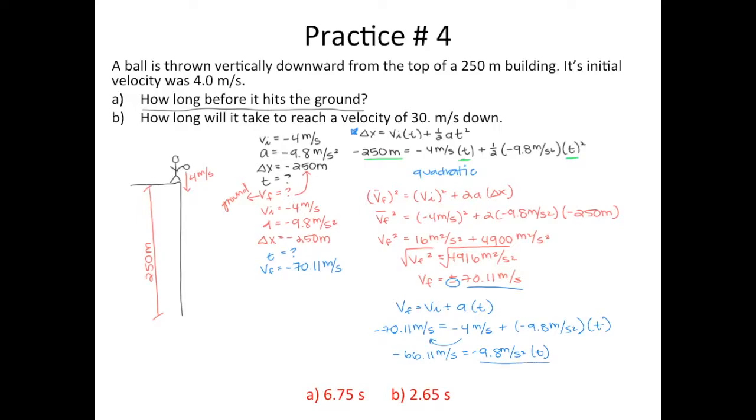To get t by itself, I will divide by 9.8 meters per second squared on both sides. So those cancel, and t comes out to 6.75 seconds. So you can see that I was able to do this problem. It took 2 steps, but I was able to do it without using the quadratic equation.